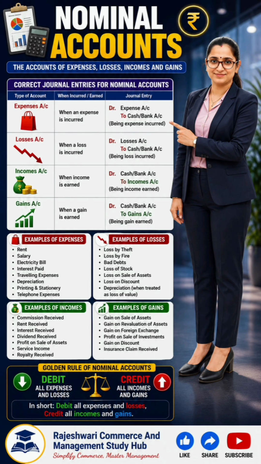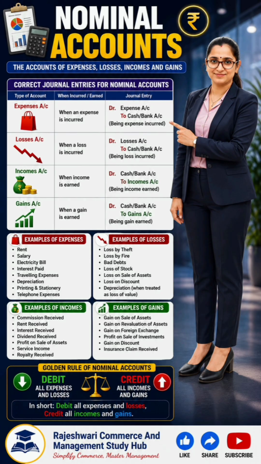Now, when it comes to an income, it is receiving cash into the business. You are receiving through cash or bank, right? So cash is coming into the business. Examples: commission received, rent received, interest received, all these you are receiving in the form of cash. Cash is coming into the business. So what is the rule of real account? Debit what comes in.